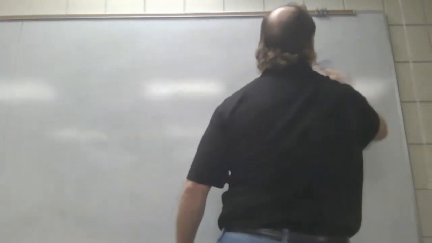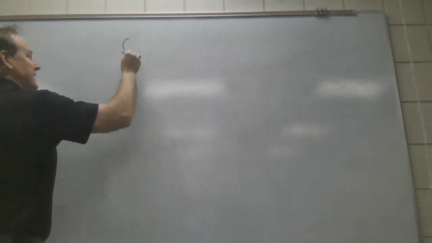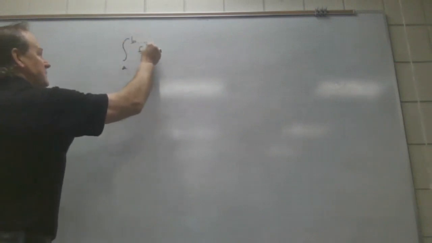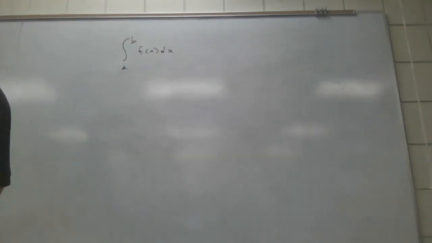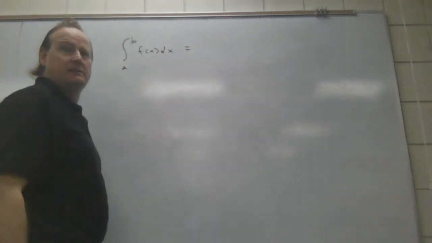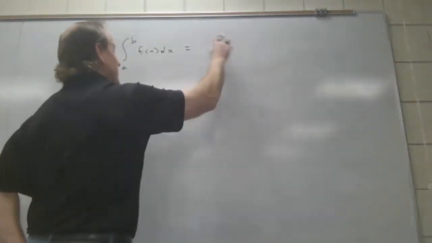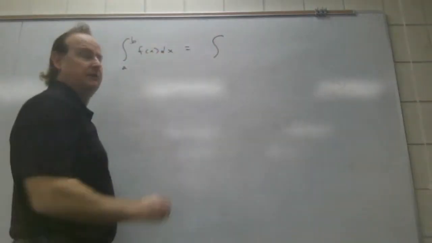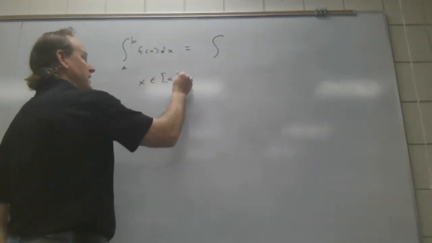We had a theorem in chapter 4, antiderivatives. If I had the definite integral from a to b of f of x with respect to x, and I wanted to split it up, how could I split it? Pick a number in between a and b, right? So my interval includes a to includes b.